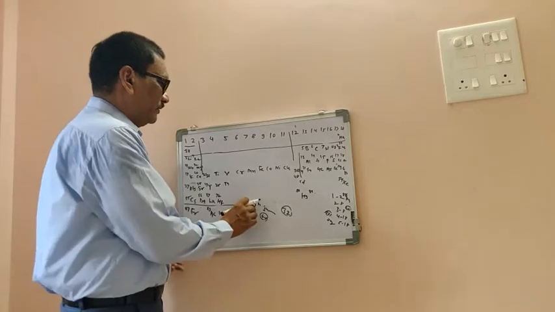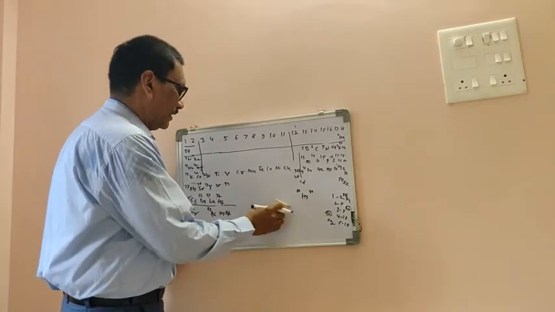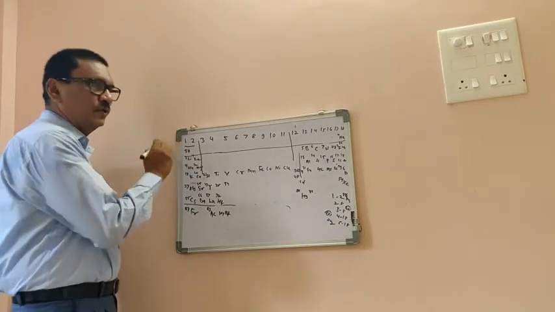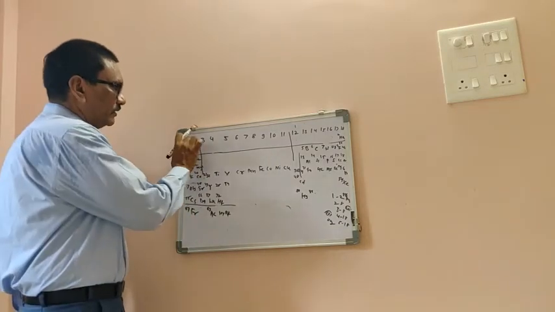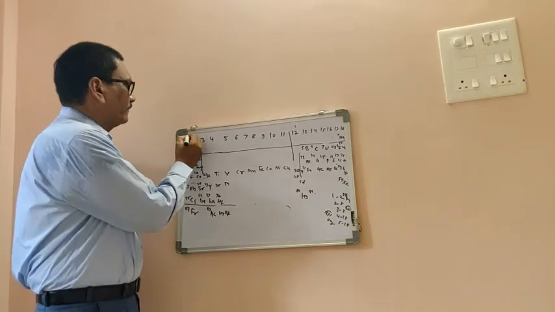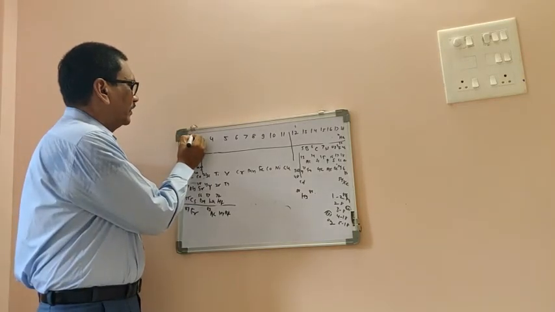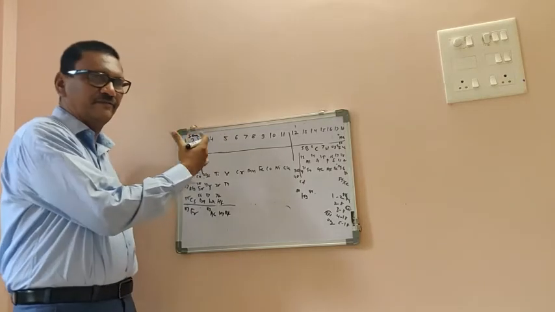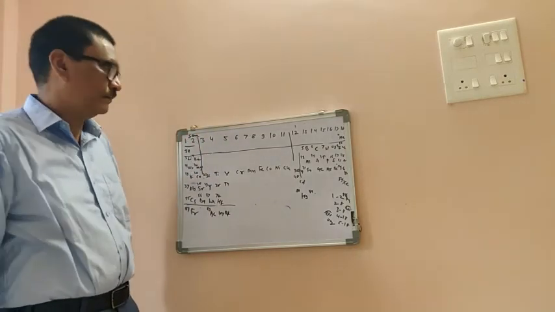So the question arises here: where are these elements placed? Now if you see group 1 and group 2, these are the strongly electropositive elements, and that's why they are called the S block elements. They are placed at the extreme left of the periodic table.